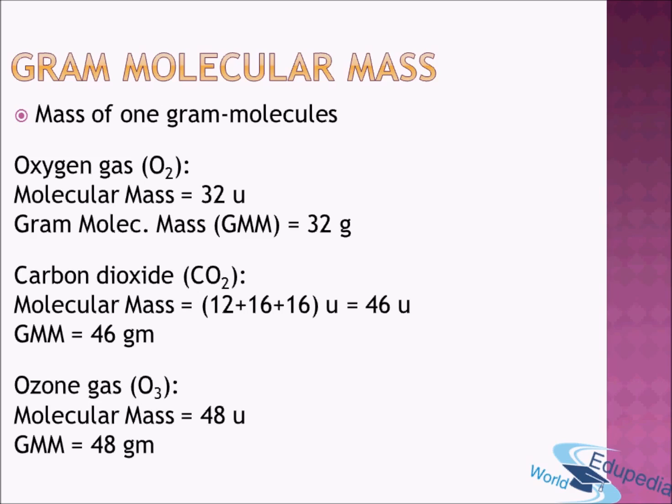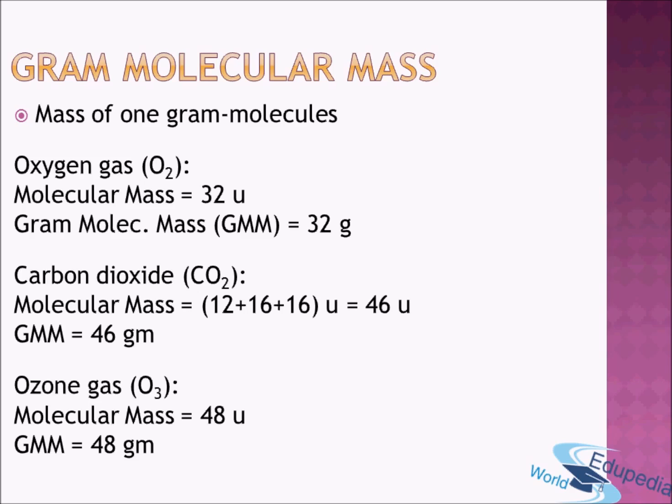So now you know the meaning of gram atomic mass and gram molecular mass. Once again, it is just the mass of molecules which are 1 mole in quantity, or mass of atoms which are 1 mole in quantity, and numerically they have the same magnitude as atomic mass and molecular mass. The only difference is in the units. So you have to remember that.